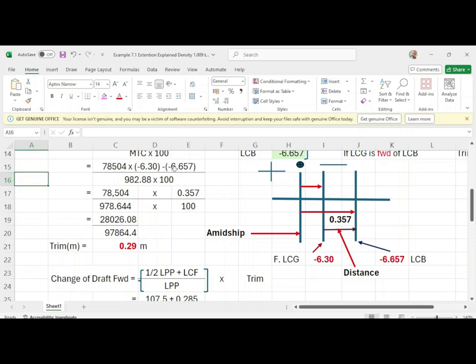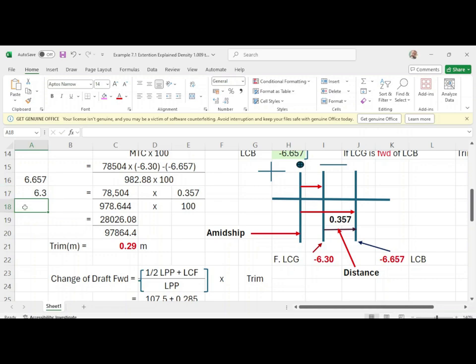Do not be bothered by this negative because we are only getting the distance. When you get the distance, disregard the sign because they are all in the forward part of the vessel. So what you do is write 6.657 and the other one is 6.3.